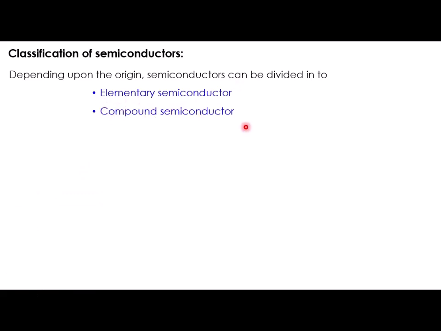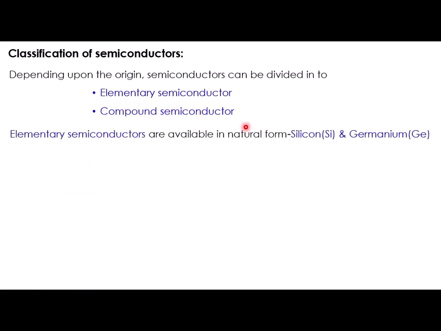Elementary semiconductors are those which are available in natural form, that means you can get them directly from nature. You can mine them. For example, silicon and germanium are natural semiconductors.